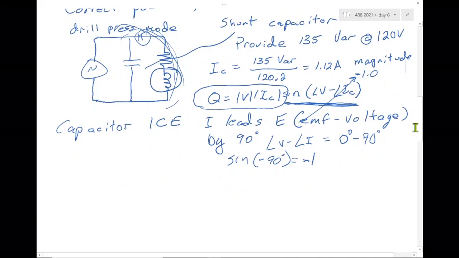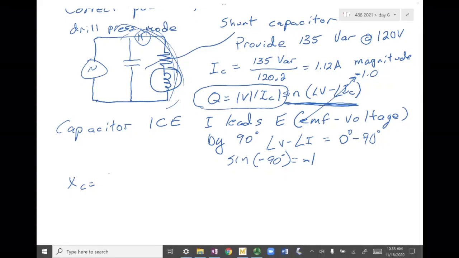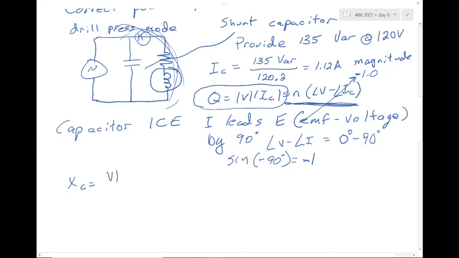The voltage across the capacitor is 120.2. The reactance of the capacitor, XC, similarly, we can leave the phase angles out of this because it's the voltage magnitude over the current magnitude, only because the phase angle is 90 degrees.